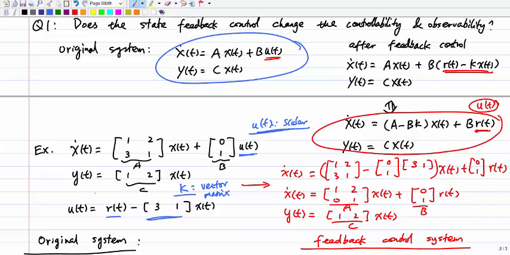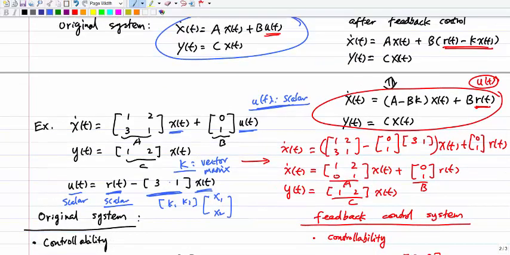Since u(t) is r(t) minus K times x(t), the product K x(t) must also be a scalar, and r(t) is a scalar too. x(t) has two states, x1 and x2, so K cannot be a scalar. If K were only a scalar, the dimensions wouldn't match. You must have k1 and k2 to match, so your product gives a scalar and you can do the scalar subtraction.